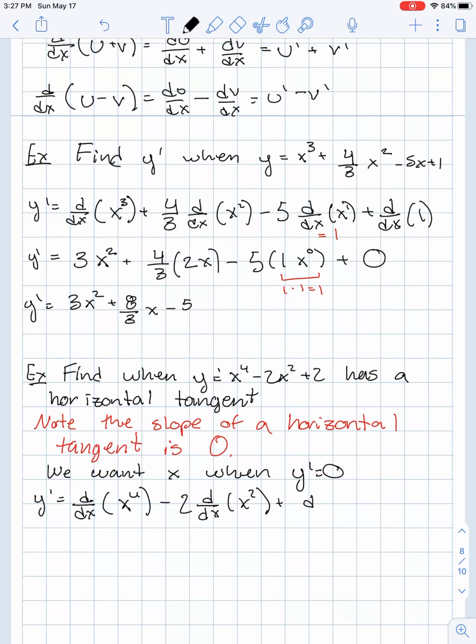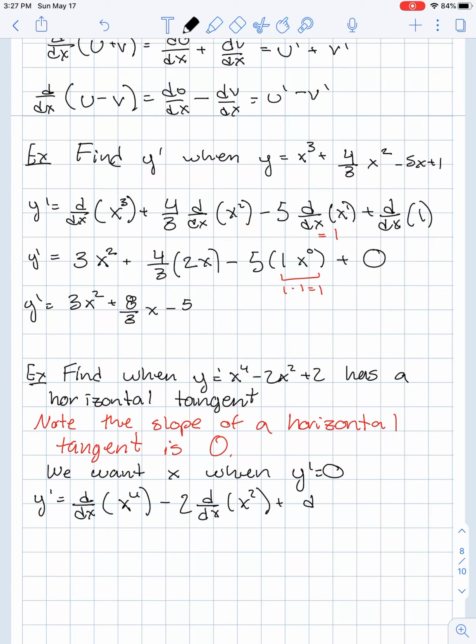So f prime of x equals, this is just x to the negative 1, so negative 1 comes out, I get x to the negative 2. And I can rewrite it as negative 1 over x squared.